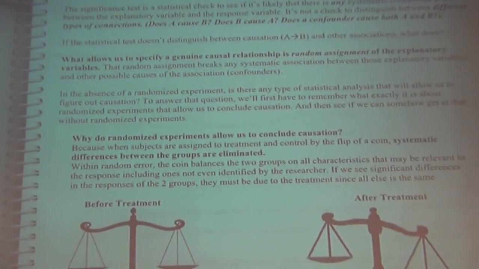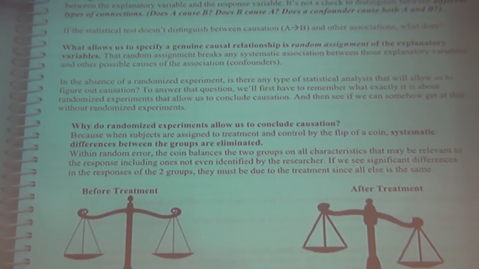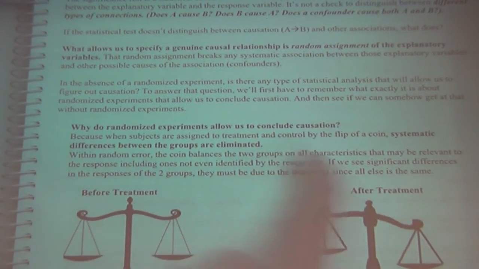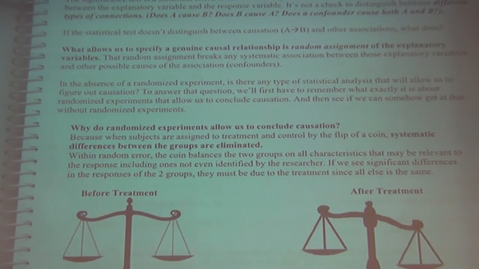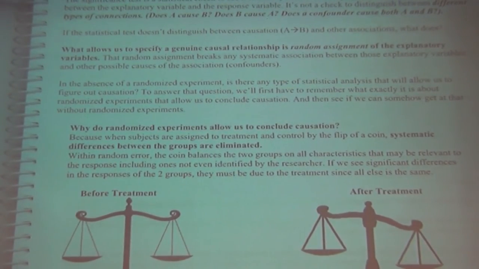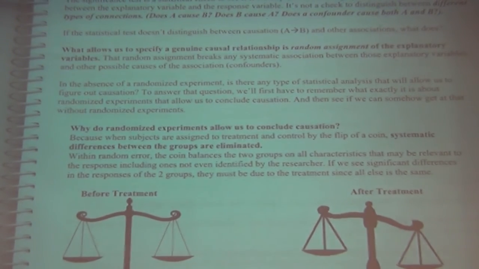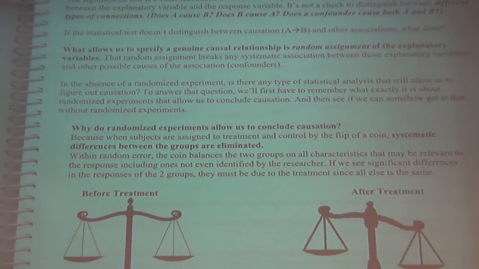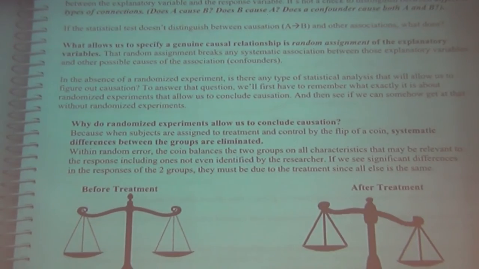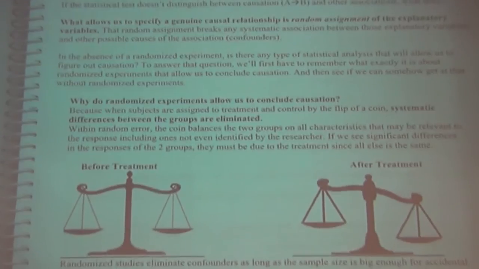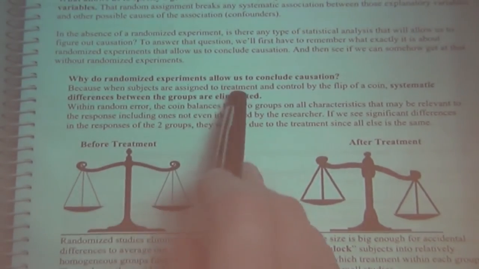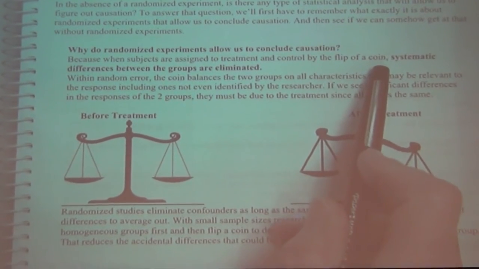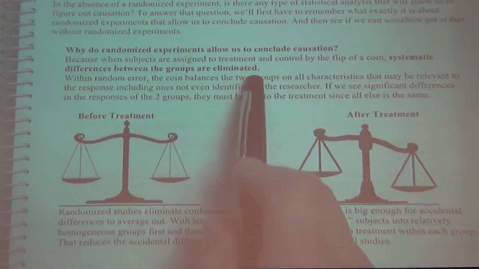Okay, so the idea of what allows us to conclude causation is that if the treatment and control groups are randomly assigned, when subjects are assigned by the flip of a coin, all the systematic differences between the groups are eliminated.